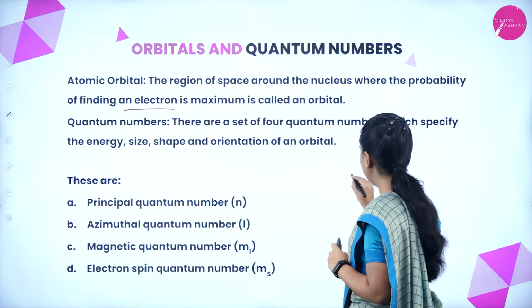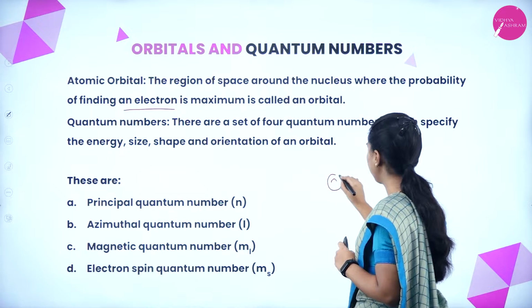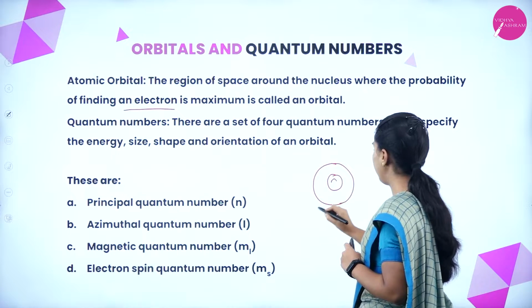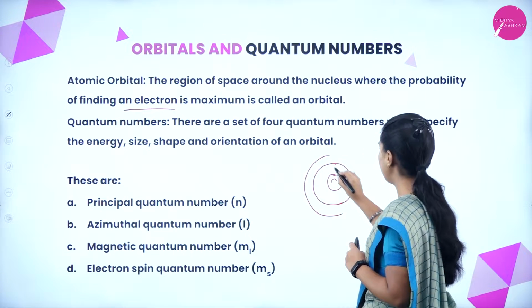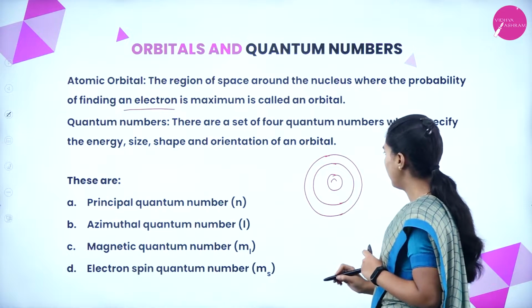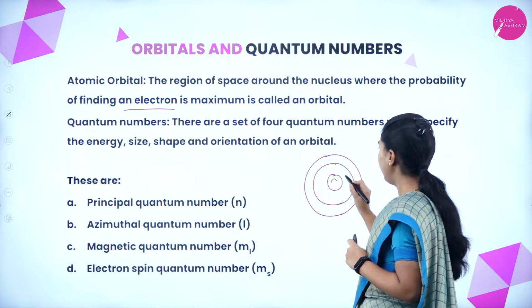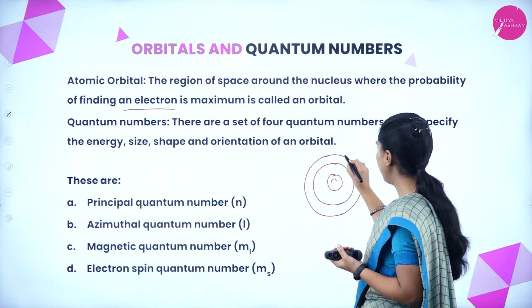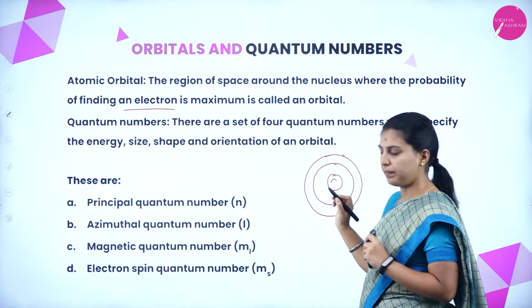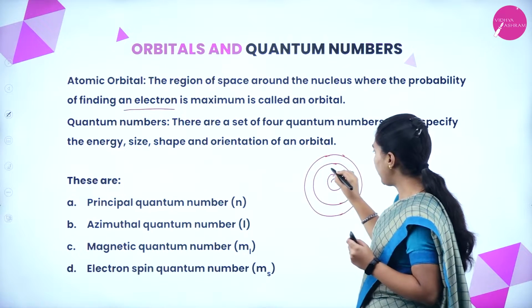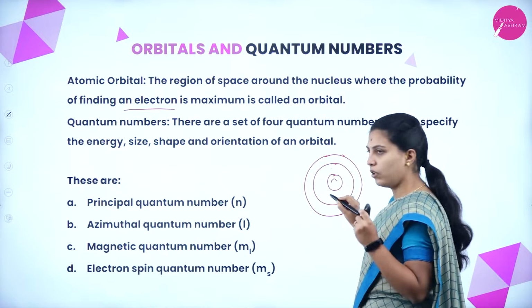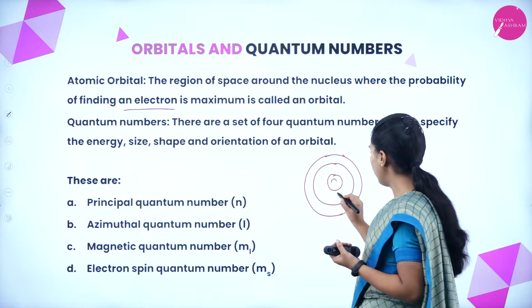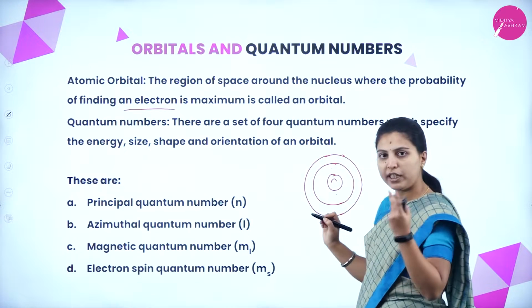If this is a nucleus, this is the first orbit, and if this is the second orbit. If we consider only hydrogen, only this orbit exists, and this will not be present. In a hydrogen atom, one electron will be present. If we have more than one electron, in an s orbital, the capacity is 2 electrons.